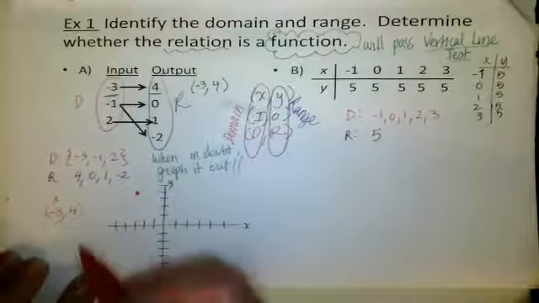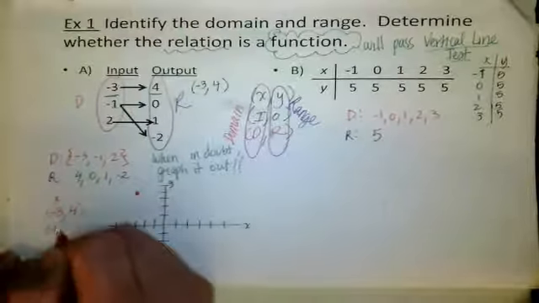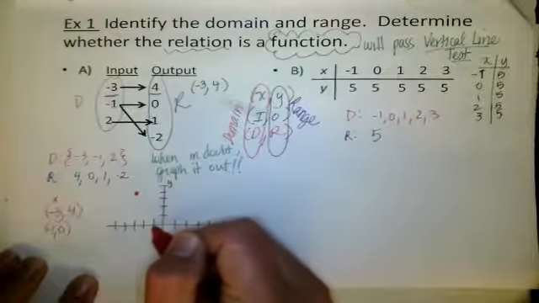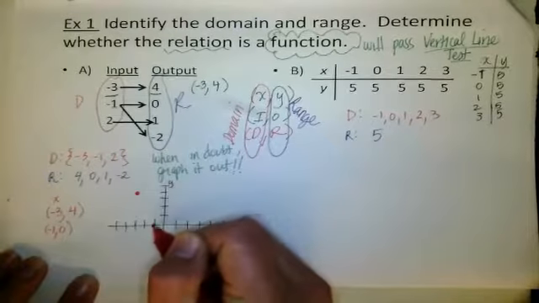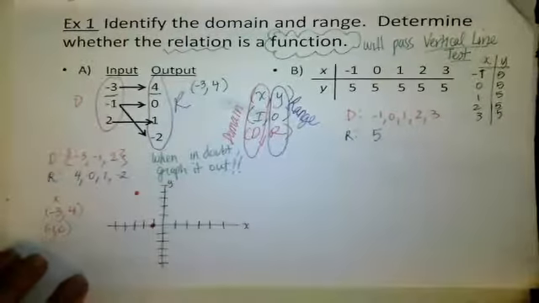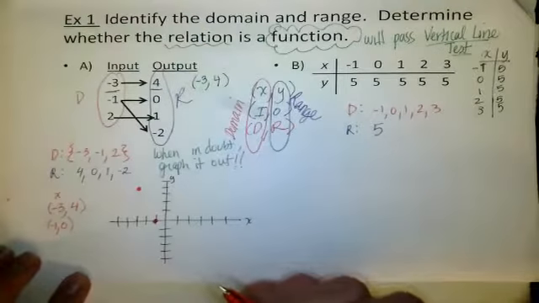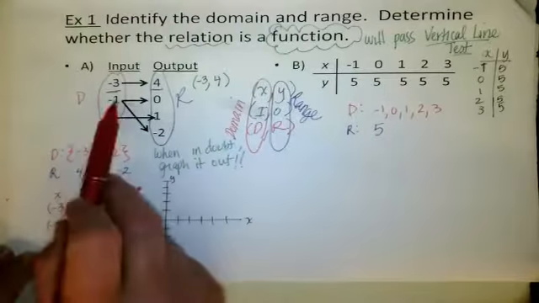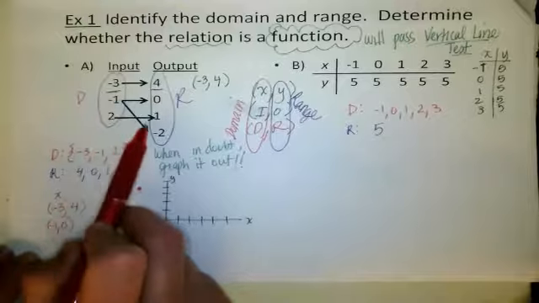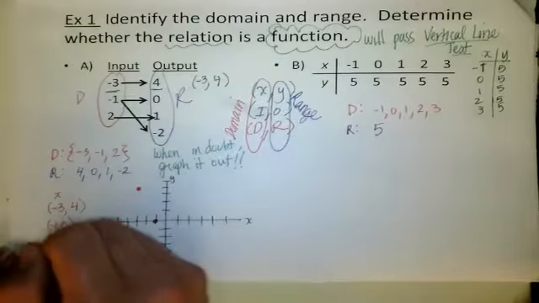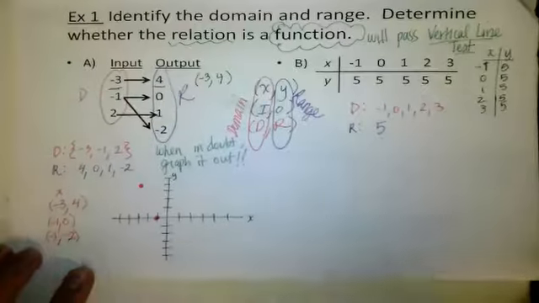What's the next relation we're going to graph? -1, 0, which says go to -1 on the x-axis and up or down 0. What's the next relation? Or what else goes with -1? -1, -2 is another relation we want to graph.